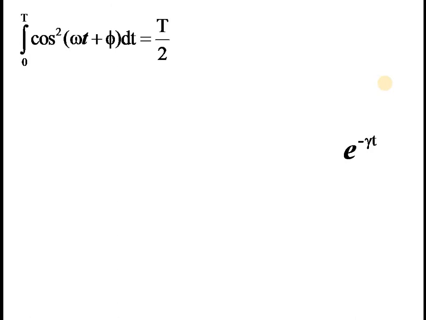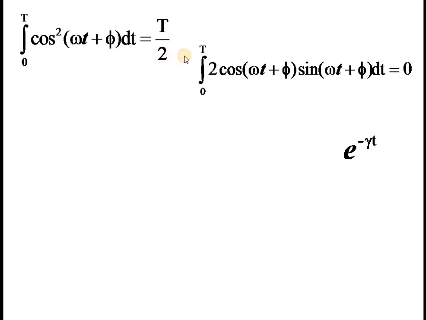When you take the first term, cos squared (omega t plus phi), you have already done it in one of the previous videos, where you got that its value will be T by 2. Similarly, for the second term, 2 cos(omega t plus phi) sin(omega t plus phi), why is this 0?